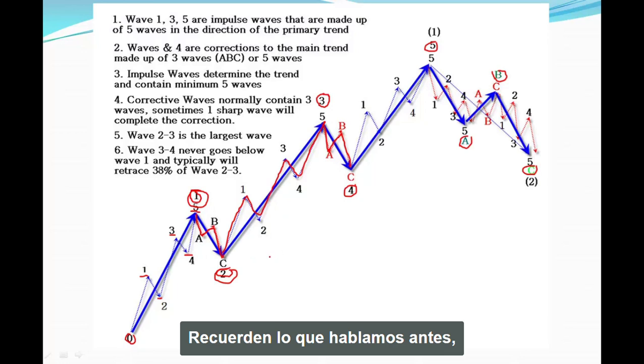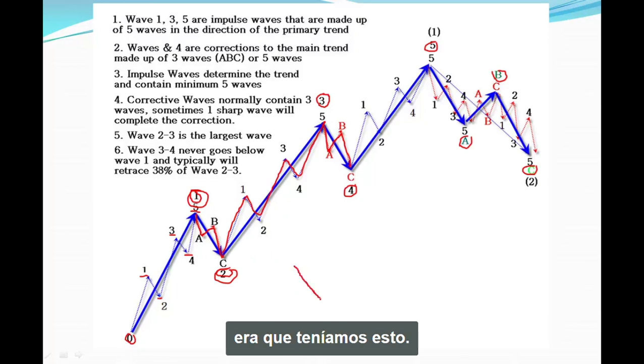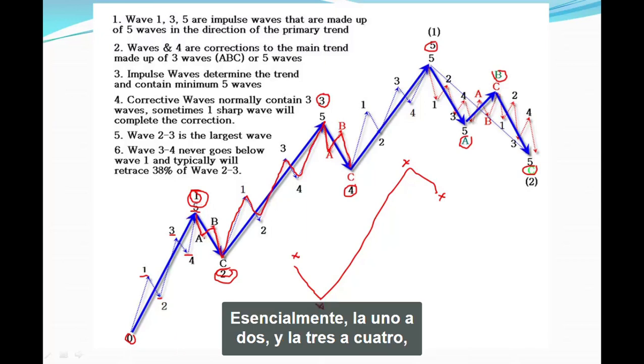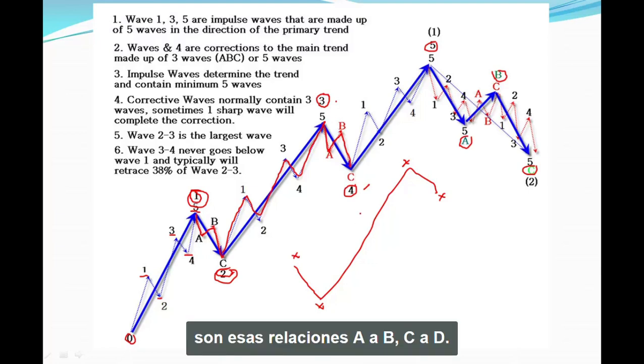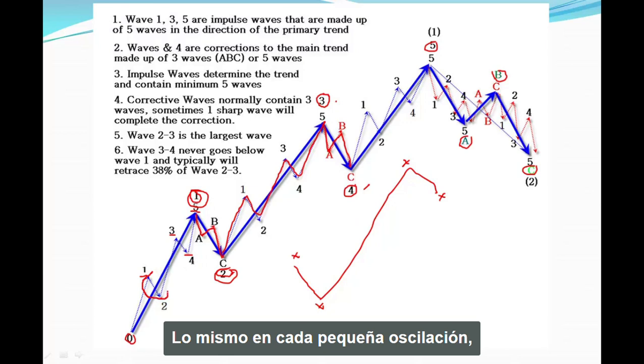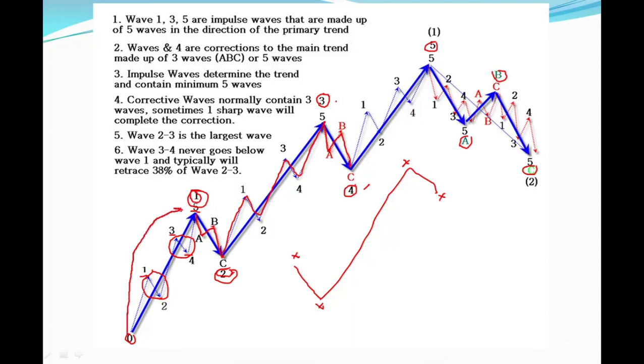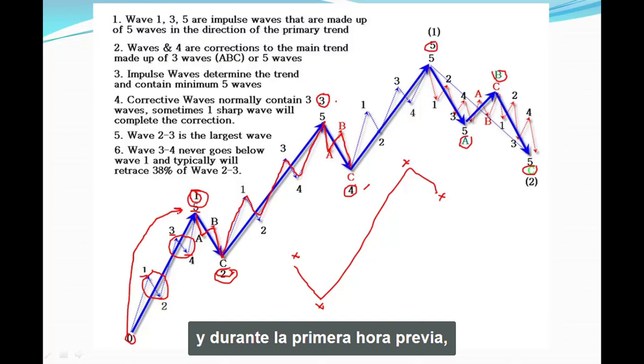Remember what we talked about earlier. We have the A to B, C to D relationship like we talked about last week. Essentially, the 1 to 2 and the 3 to 4 are that A to B, C to D relationship. The same as in every little swing on the minor trend, you'll have that. So during the first large swing up, let's just say the market opens and runs up for the first hour.